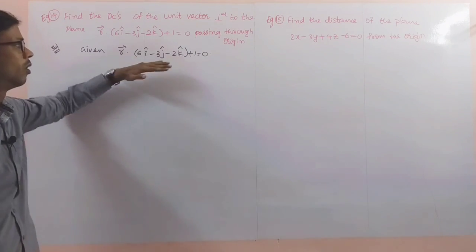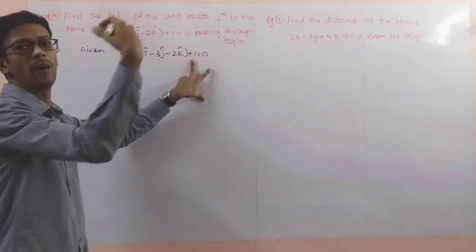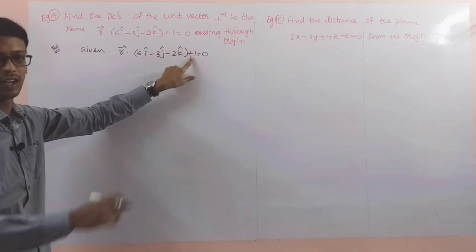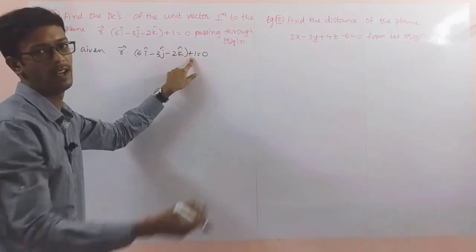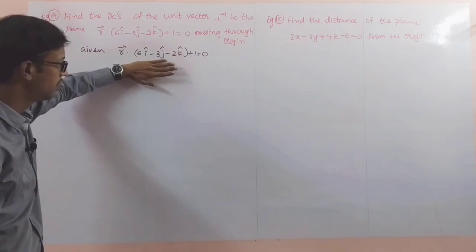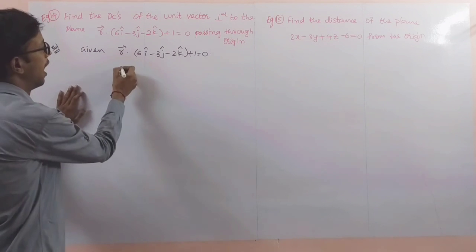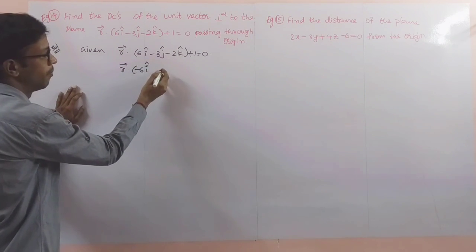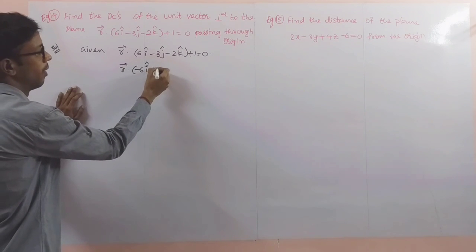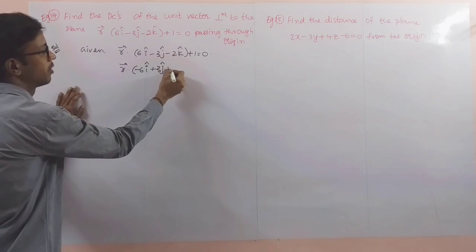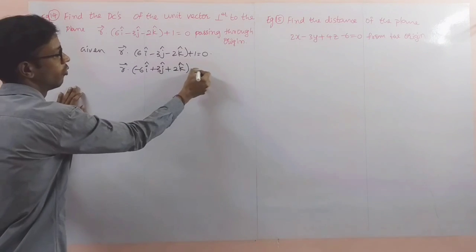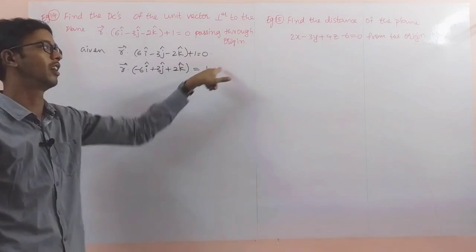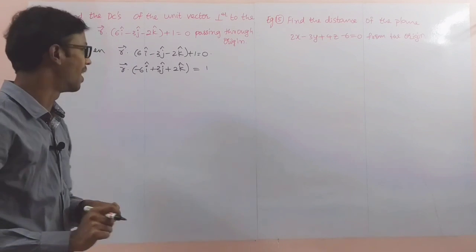Now the constant should compulsorily be on the right side, and positive. If we send it to that side, it will be negative, so for that purpose you have to change this value. R bar dot of minus 6i cap plus 3j cap plus 2k cap equal to 1, taking minus common. Negative you will get; negative common means if you send it to the right side, it will become positive.